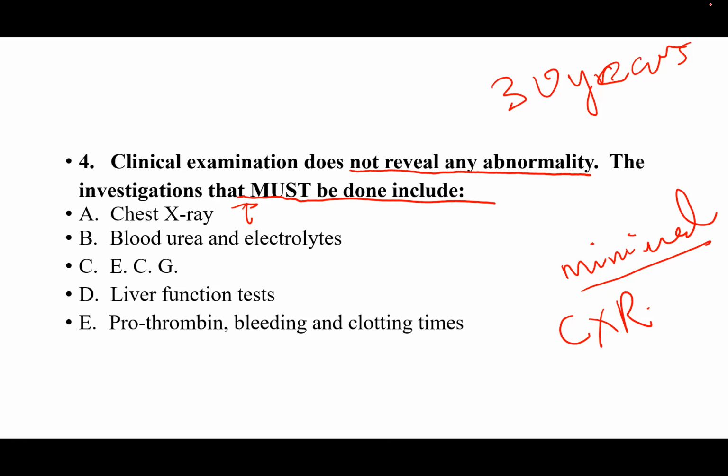Yes, because this body has adapted to a certain elevated blood pressure for a very long time, and you just take that patient to the theater and suddenly crash the BP.